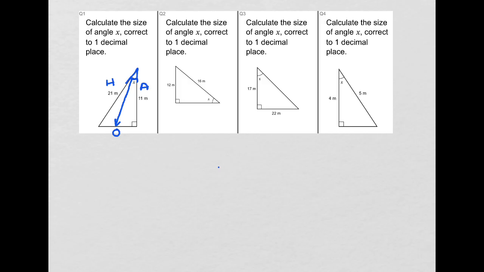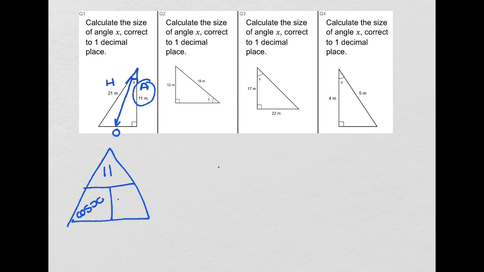So I'm going to draw my trig triangle. We've already determined it's a cozy cos, so I'm going to say cos x, and cos is adjacent over hypotenuse. So my adjacent is 11, my hypotenuse is 21. So we type into our calculators 11 divided by 21, you're going to get 0.5238.